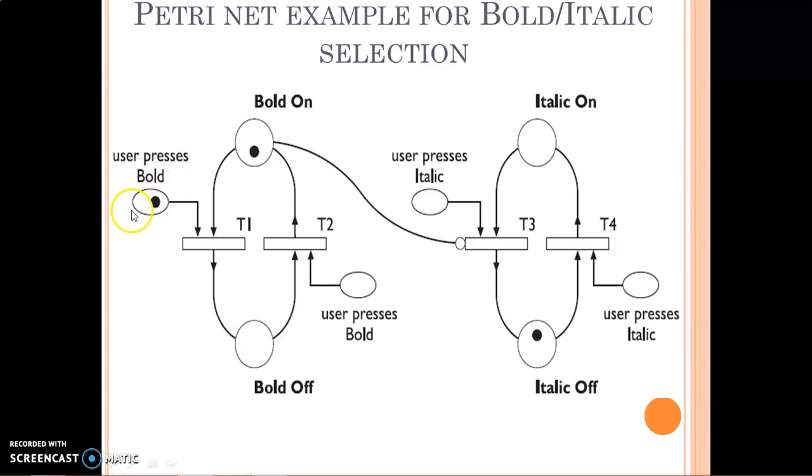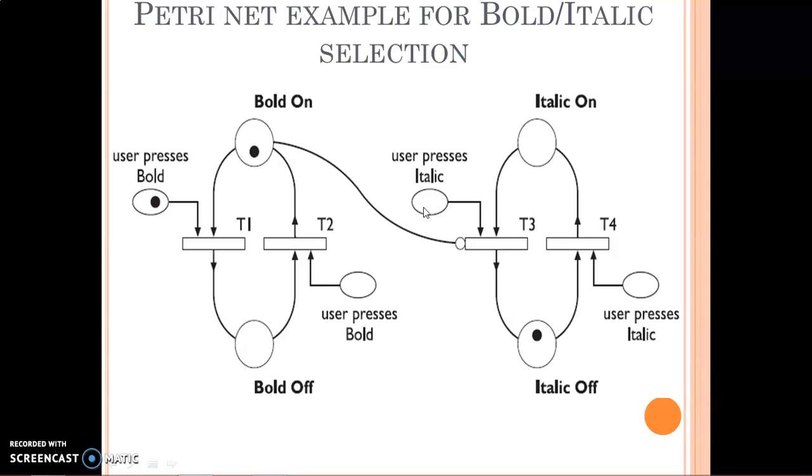One in the slightly elliptical place, press bold, showing that the user has just pressed the bold toggle. The slightly elliptic places represent those where the user input can occur. So these are the ones where the user inputs can specifically occur. So we can have this as the input, pressing the bold or pressing the italic.